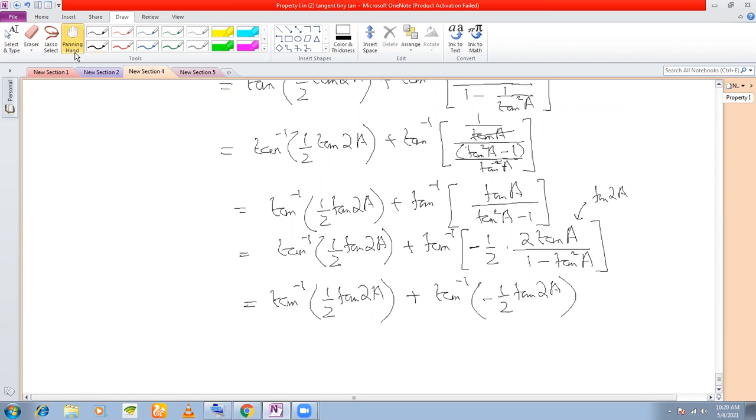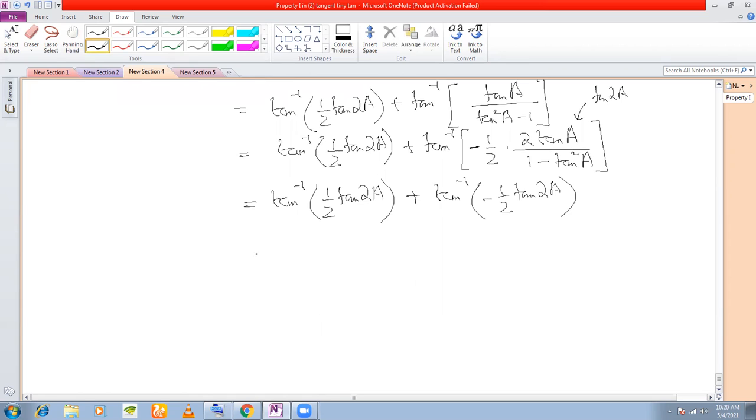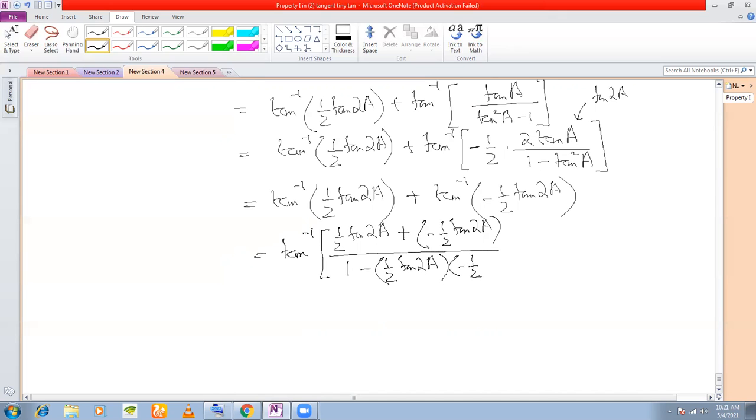Now you can combine these two tan inverses: it is equal to tan inverse of half tan 2A plus minus half tan 2A, divided by 1 minus half tan 2A into minus half tan 2A.